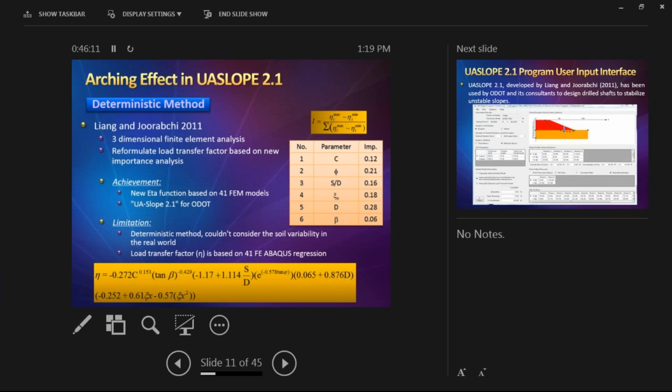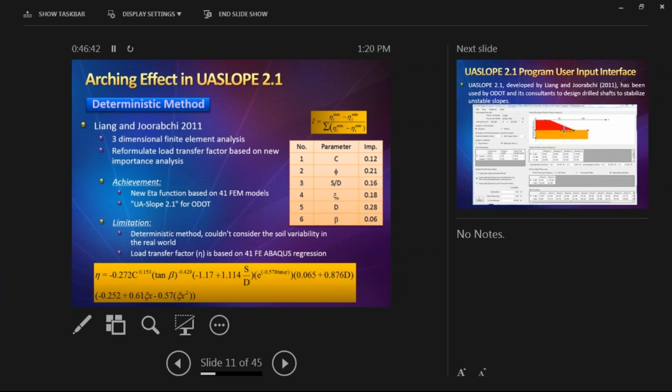You can see in this little table that we identified the soil strength parameters c and phi as very important. For the drill shaft, the center-to-center spacing S divided by the diameter of the drill shaft D is also very important, as is the diameter D. And then theta and X represent the location of the drill shaft on the slope.